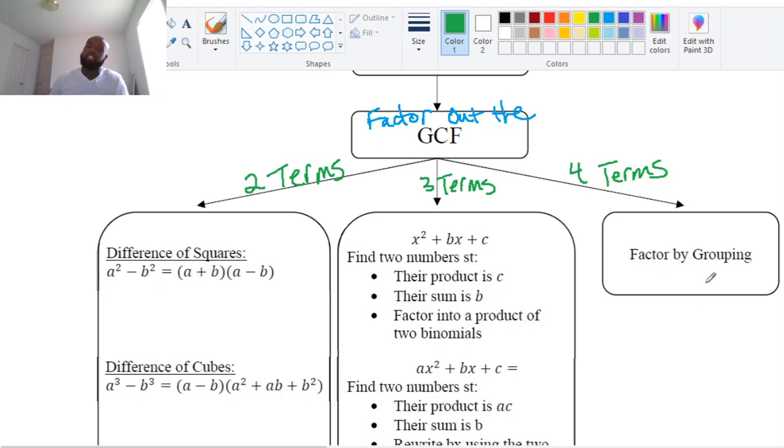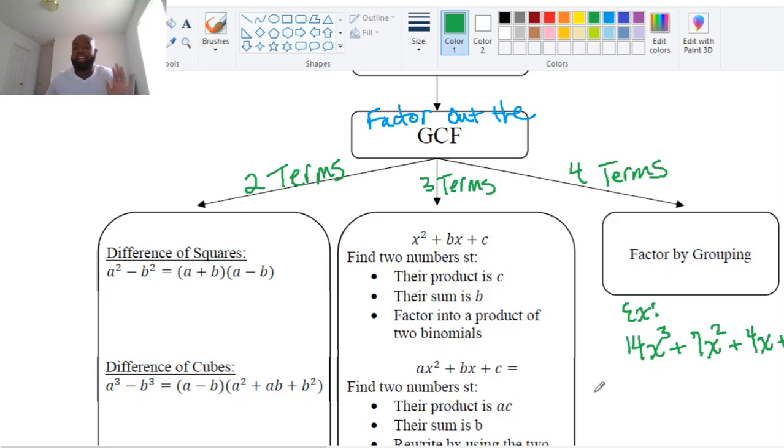I don't have the steps to factoring by grouping, but basically we're going to group these 4 terms into 2 separate sets of 2 terms. So I'm going to look at an example just to show you here. Let's say I had 14x cubed plus 7x squared plus 4x plus 2.